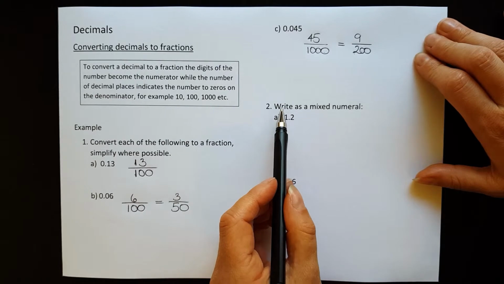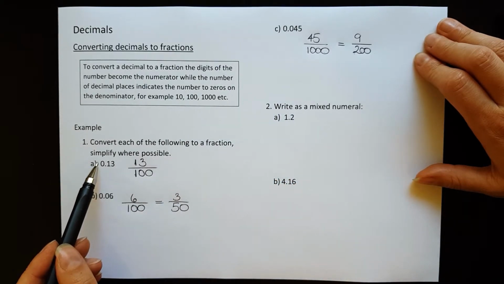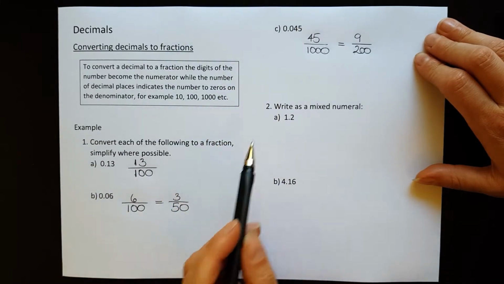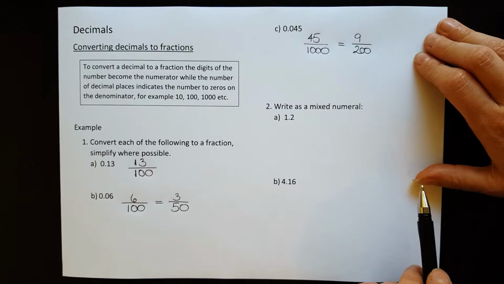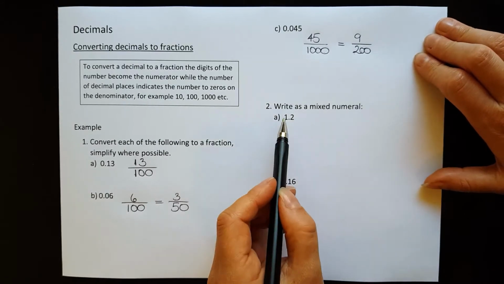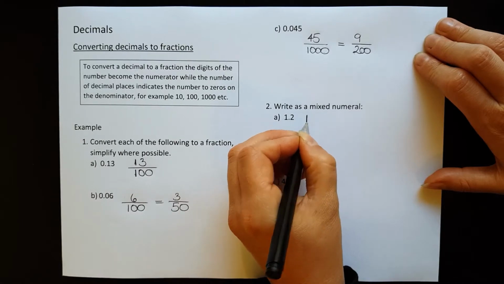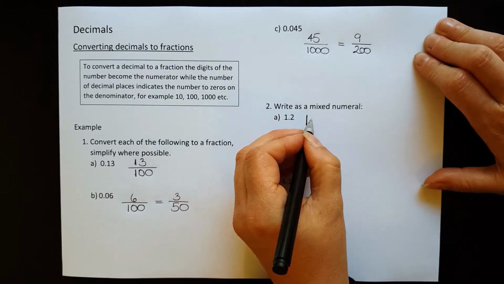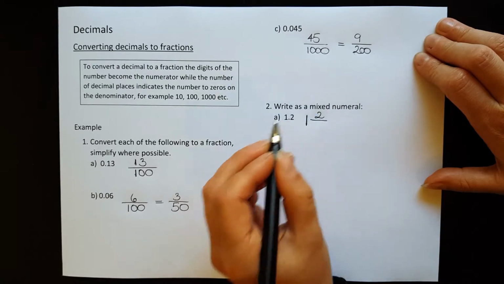Example 2, write as a mixed numeral. So each of these ones in question 1 was 0 point something. These have a number on the left-hand side of the decimal point as well. So we're going to get a mixed numeral. The number on the left-hand side is the whole number that goes out the front of your fraction. The number after the decimal point goes on the top of the fraction.